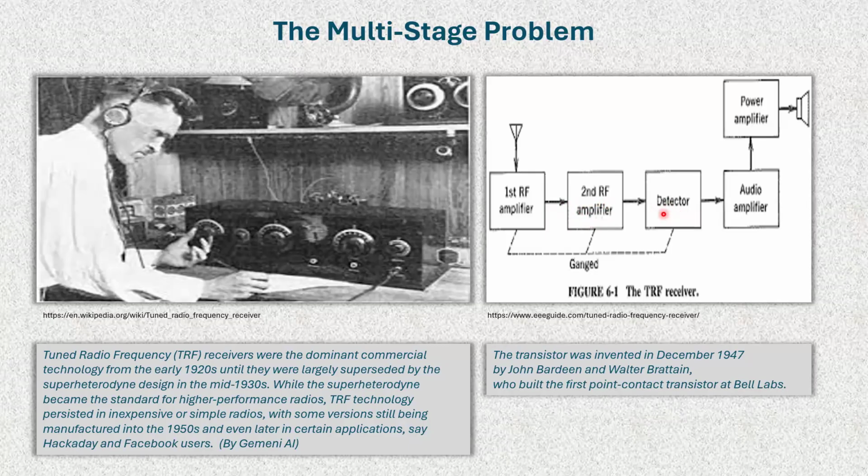And here is the detector stage, and that detector stage also had to be tuned to that specific carrier. If, let's say, 1,000 kilohertz was coming in, this stage is concentrating on the 1,000 kilohertz carrier, this one is concentrating on the 1,000 kilohertz carrier, and this one also is 1,000 kilohertz, the same frequency.